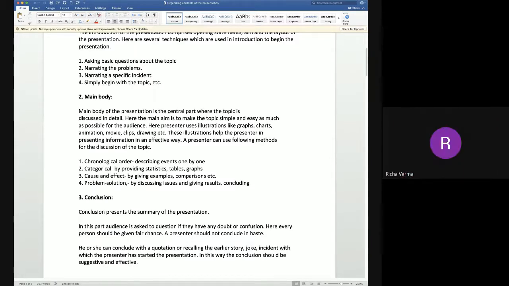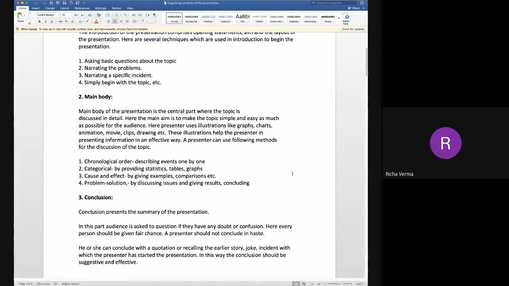Categorically, that means that each category has got some supporting documents. Okay, what that supporting document is, like you have to provide the statistics, you have to provide tables or graphs, and this is how it has to be categorically stated or described, the main content of the body.